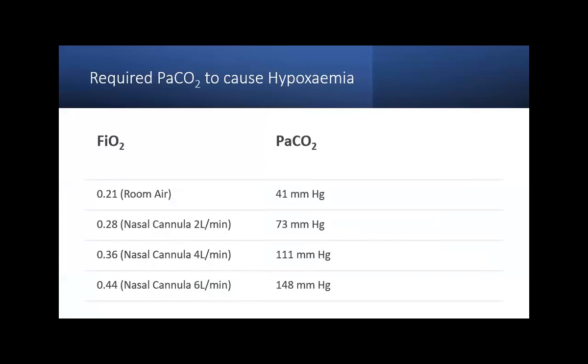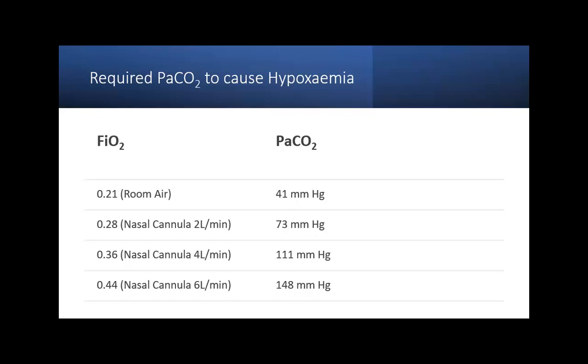So if you're on supplemental oxygen, if you're breathing room air, sorry, thanks. Which way is it? So if you're breathing room air over there, for you to become hypoxic, your CO2 needs to be 41. So these are patients that are hyperventilating. So you've got a patient who's lying in bed, they don't have any oxygen on, you've given some morphine, and by the time that the CO2 gets to 41, they will start getting hypoxic.